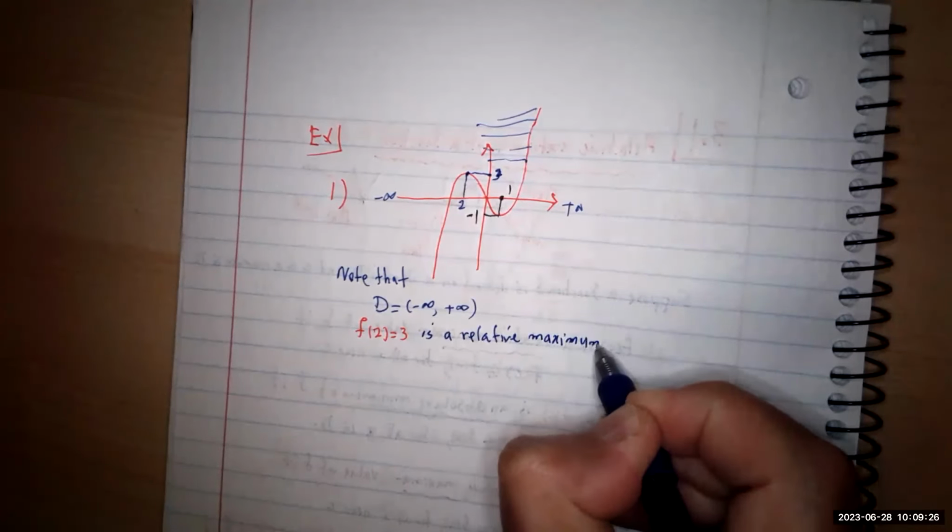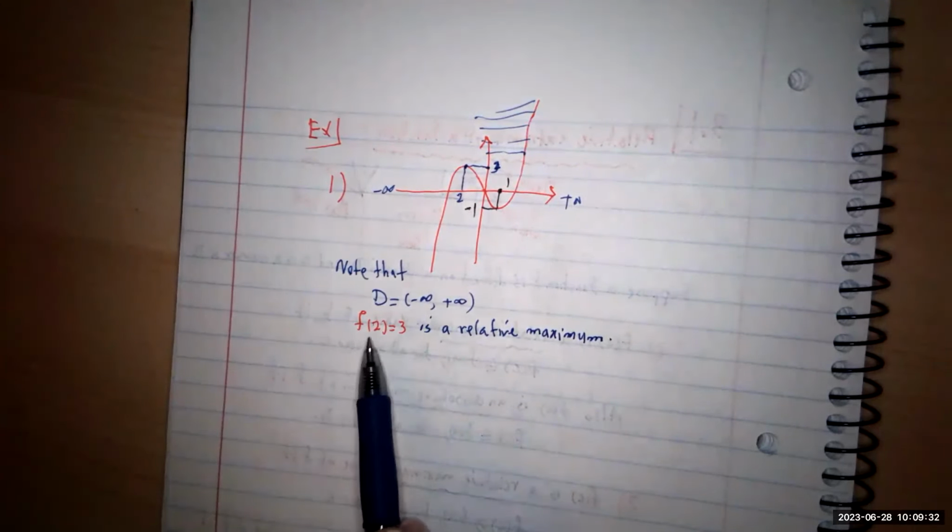Any question? When we say relative maximum, we mean 3. If you say (2, 3), that is a relative maximum point. Be careful when you talk about it. Most of the time when we talk about the max and the min, we talk about the output, the result. So we say 3 is a relative maximum.